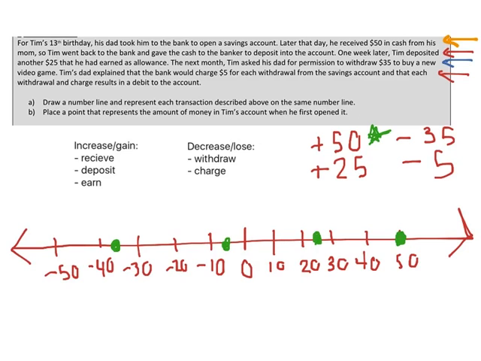So that means that when he first opened it, he didn't have any money in it until he later deposited some money into it. So if I don't have any money, that means that I have $0. So I can go ahead and plot the point 0. Great. So now we have completed the entire problem, and we are ready to move on to our next problem.